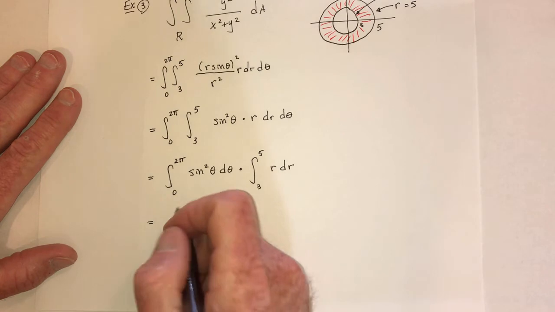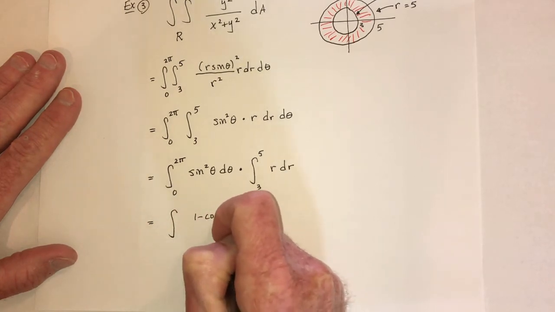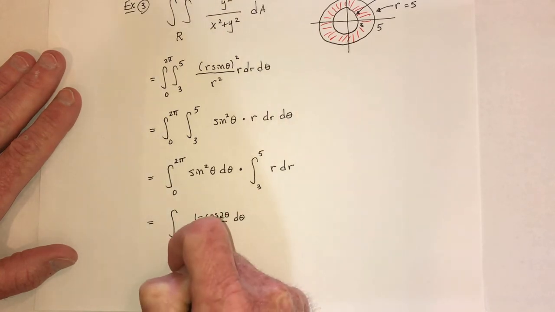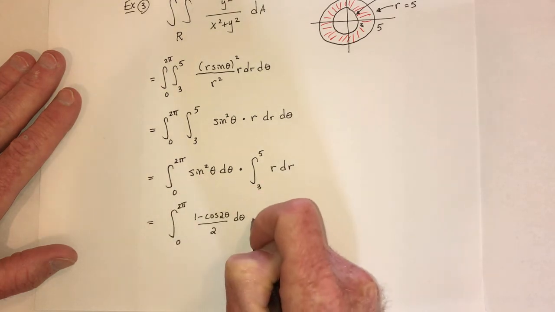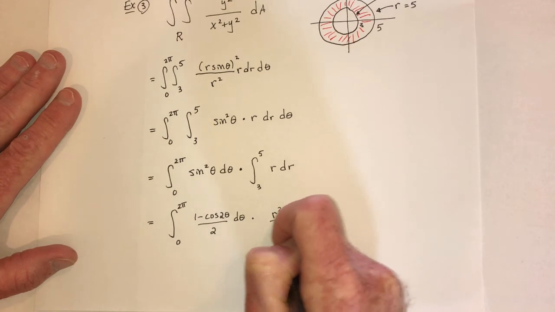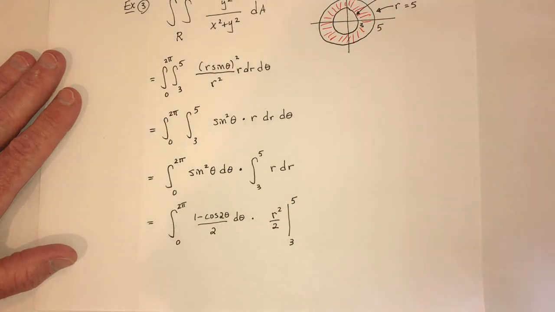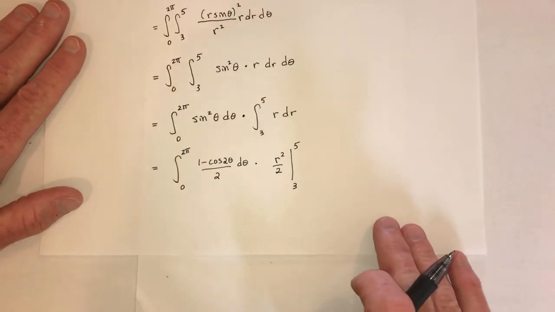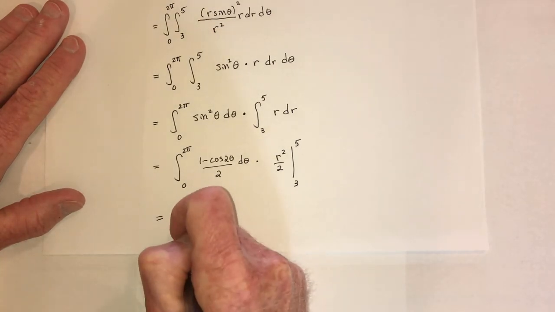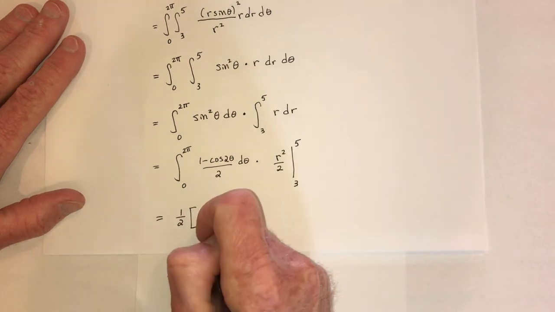So in order to integrate sine squared, we need the identity that it's 1 minus cosine of 2 theta over 2. And then for this one, we could go ahead and integrate. So that's going to be r squared over 2 being evaluated from 3 to 5. And for this, I would like to factor out the 1/2 and then integrate the 1, so that's theta.